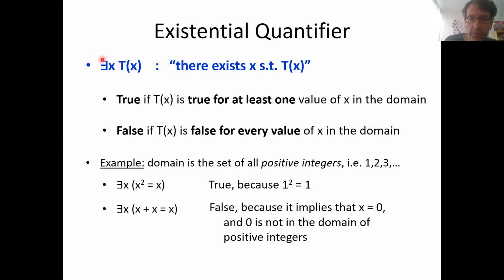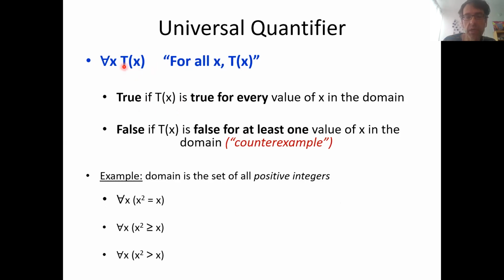On the other hand, if you want to argue that it is false, then you have to argue that t is false for all, which is always kind of harder, right? And this is a flip. If you want to argue that the universal statement is false, then you need a single x on which t of x does not hold. But if you want to argue that it is true, then you need to argue that t of x is true for all x, right?